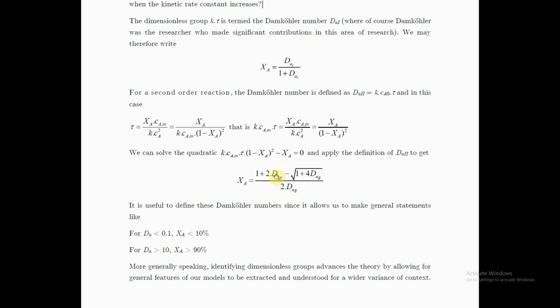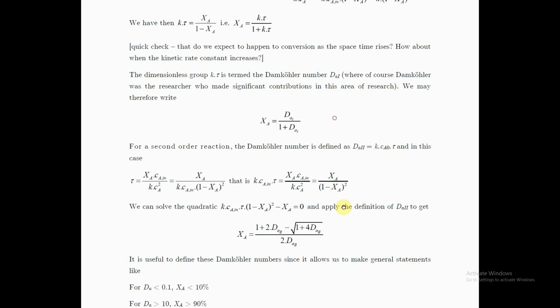If it goes to 0 faster up here than down here, that goes closer to 0. So for low values of Damköhler, you get low values of XA, and for high values of Damköhler, it's much greater than the 1, and then you'll have here the square root, that basically is going to cancel there, leaving us with a 1.